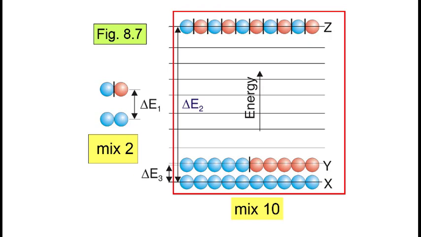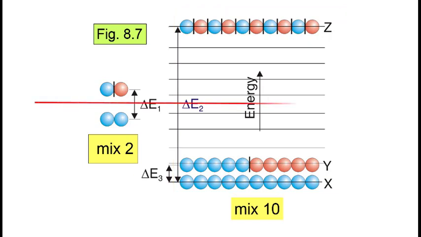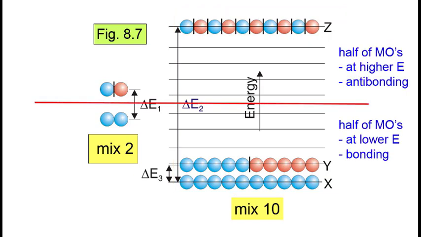3 items of note. First, if we draw a horizontal line halfway between the 2 MOs on the left, where we mix 2, we find that on the right, where we mix 10, half of the MOs are at lower energy and will be bonding, while half of the MOs are at higher energy and will be anti-bonding.